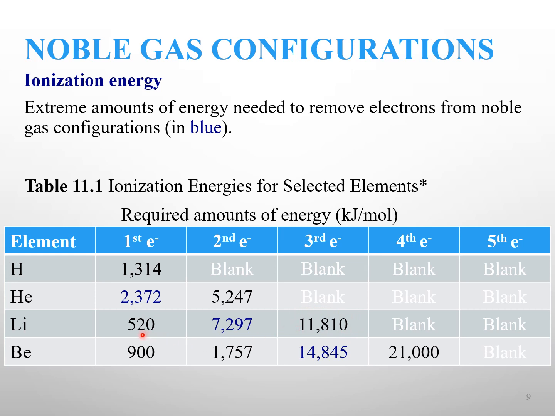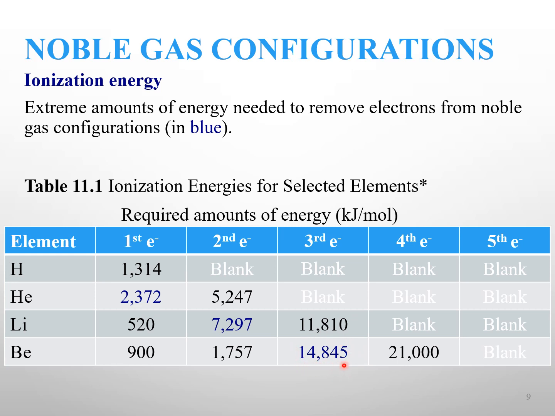But the biggest jump that's obvious, from easy to remove to hard to remove, is always because you've removed the valence electron, and this is the inside level where it looks like a noble gas. So for beryllium, you'll have two that you can remove on the outside, and then the third electron will be what looks like helium, and it's a lot higher.